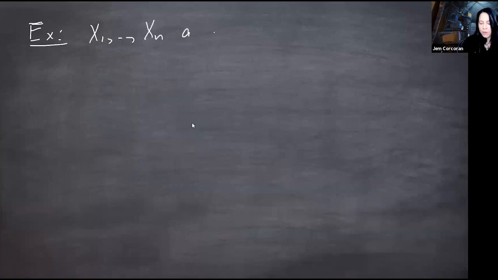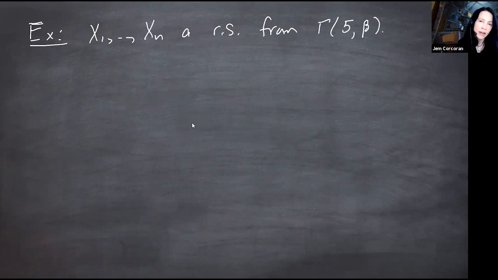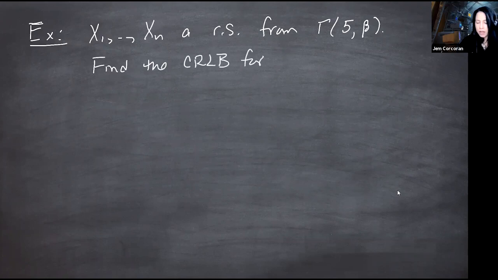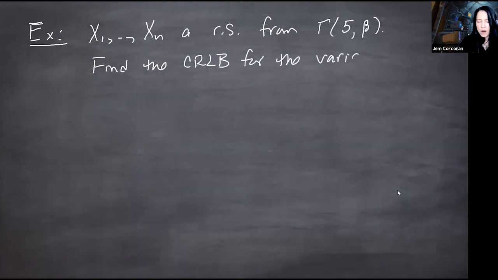Okay, so for this example, I'm going to take X1 through Xn, a random sample, same thing as IID, from the gamma distribution with parameters alpha and beta, where alpha is fixed and known, and I want to find the Cramér-Rao lower bound for the variance of all possible unbiased estimators of beta.